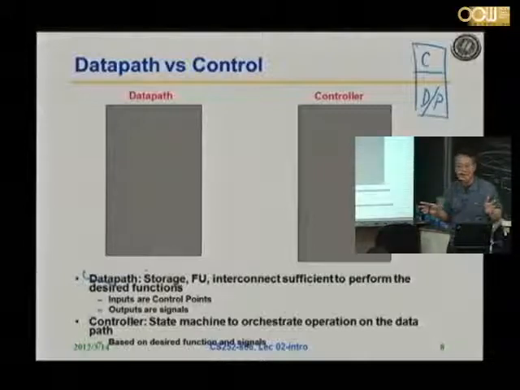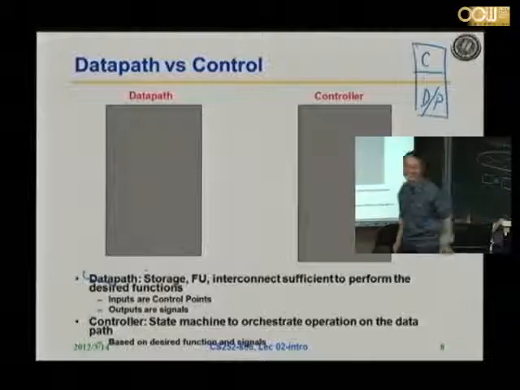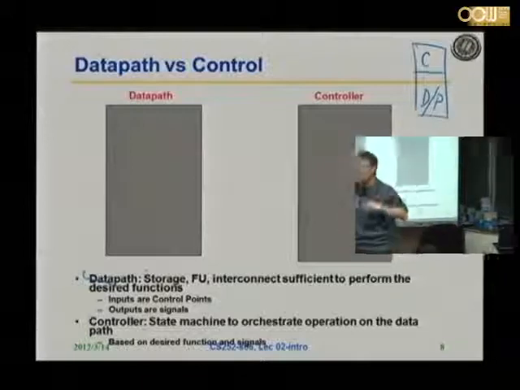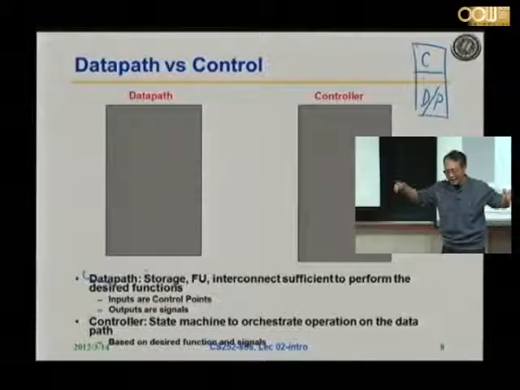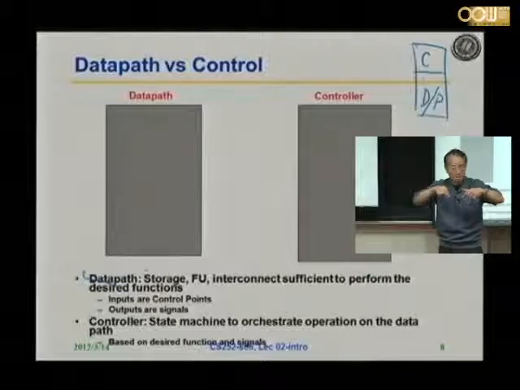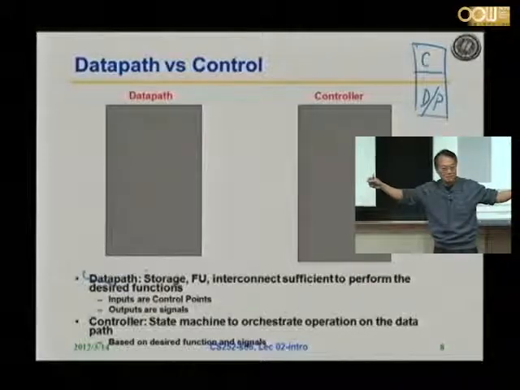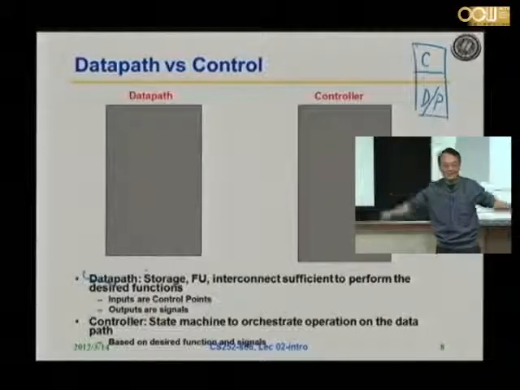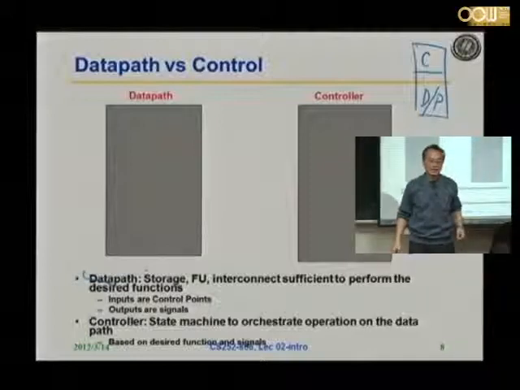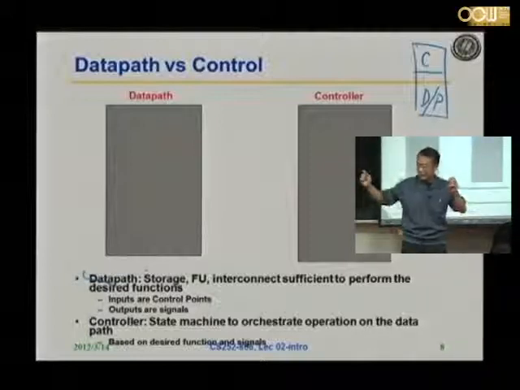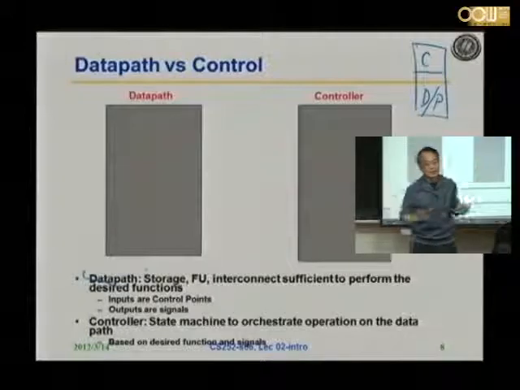These wires, I call them links, but most textbooks call them buses. They're nothing but links. If the link has multiple drops, then that's called a bus. But if a link connects only one point to another point, then it's nothing but a pure link.